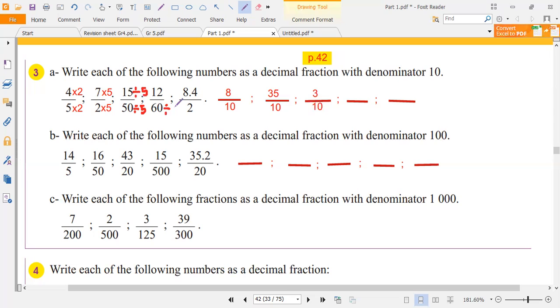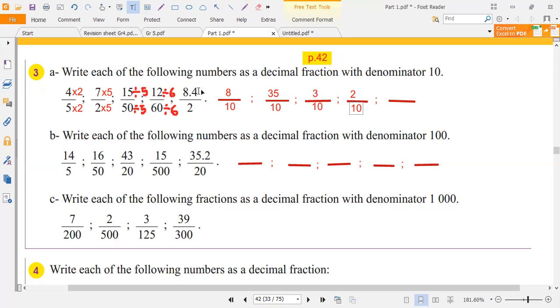So we divide this fraction by 6. 12 divided by 6, 2. 60 divided by 6, 10.